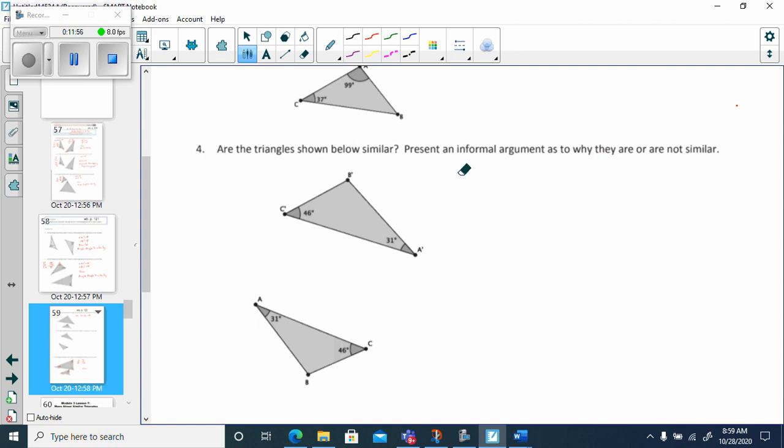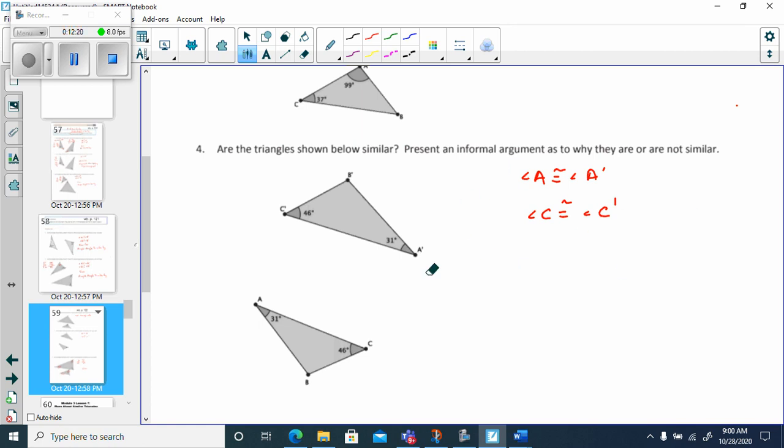Well, we're still looking for two sets of corresponding angles that are congruent. Let's see, A and A prime. Yes, I got that. Angle A is congruent to angle A prime. They're both 31 degrees. Okay. B and B prime, no, there's nothing there. C and C prime, angle C is congruent to angle C prime.